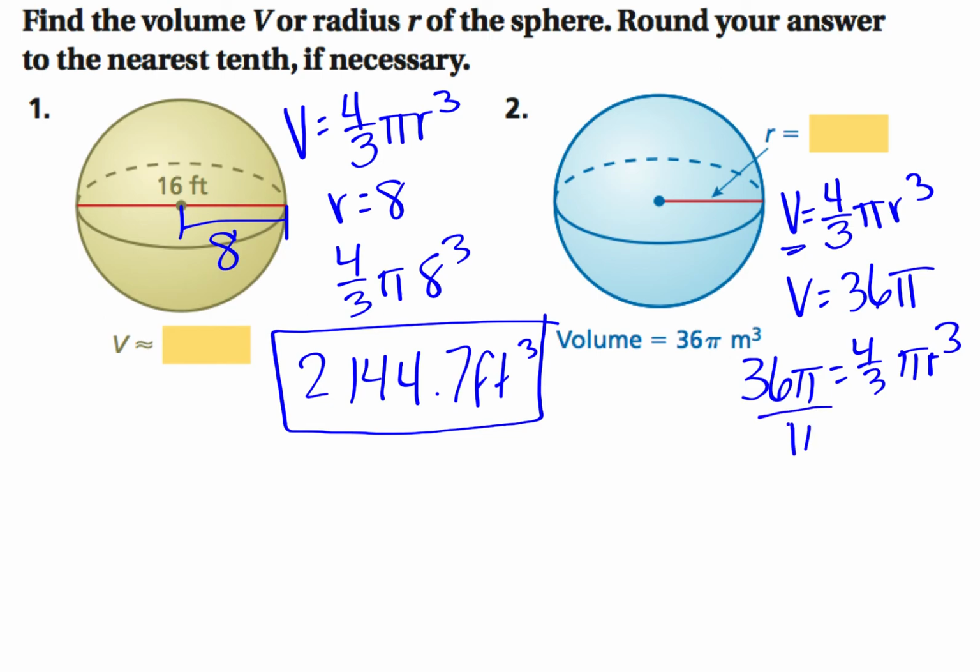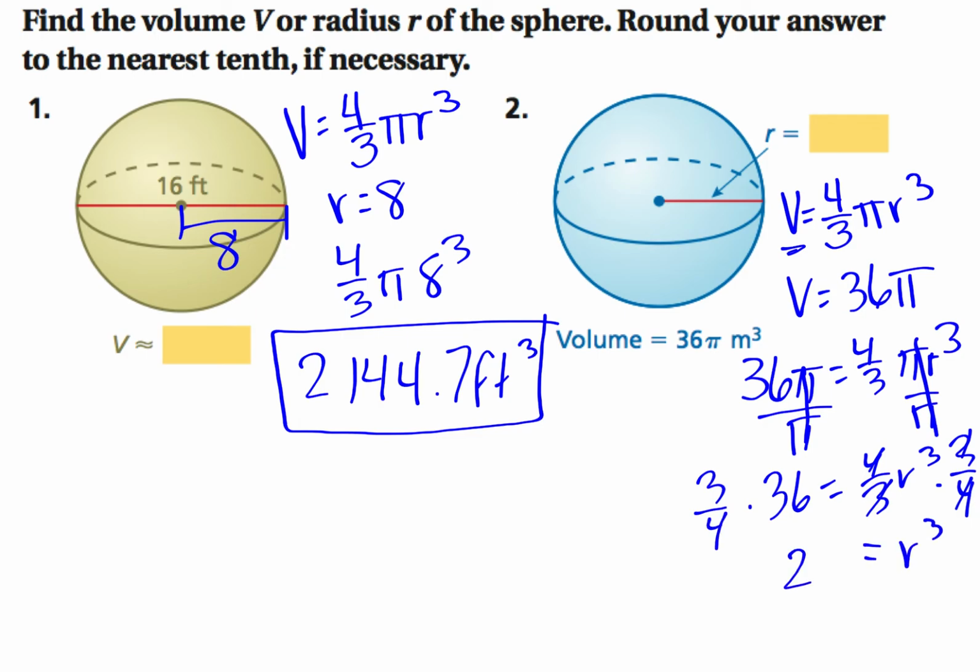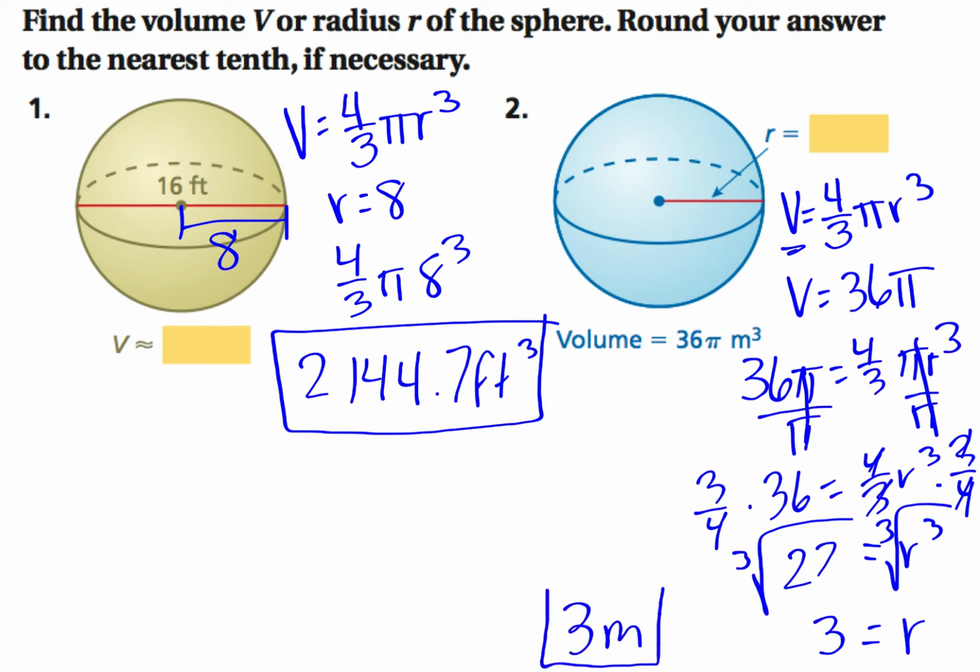There's a pi on both sides, so let's get rid of that. This is 36 equals 4/3 r cubed. Let's multiply by 3/4 on both sides. That gets rid of that. And r cubed therefore equals, I believe this is 27, but I'm going to double check by doing the calculations. Yes, I got 27. And then you'll cube root that, which comes out to be the really nice number 3. So the radius here is 3 meters.